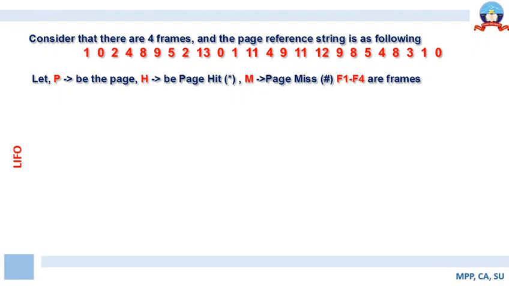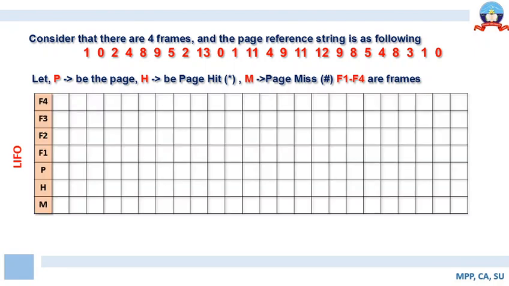As said earlier, page hit refers to a condition when the requested page is found available in the memory, and page miss refers to a condition when the requested page is not found available in the memory. For simplicity, here page hit and page miss is represented with asterisk and hash.